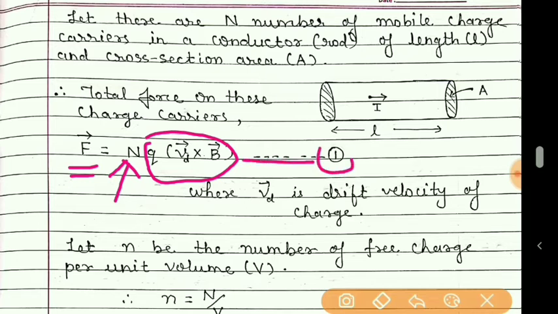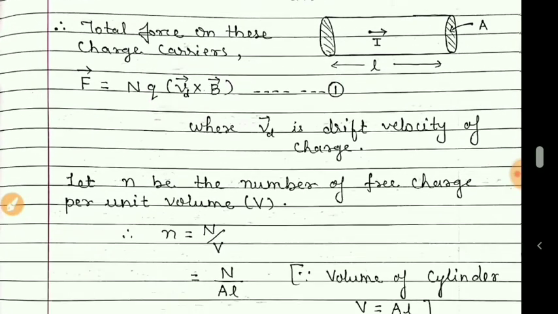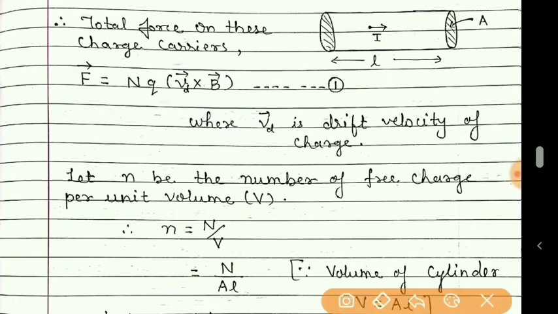Let us give this equation number 1. Students, we know that whenever charge particles move in a conductor, their velocity is the drift velocity, and so here velocity is taken as Vd, meaning drift velocity.